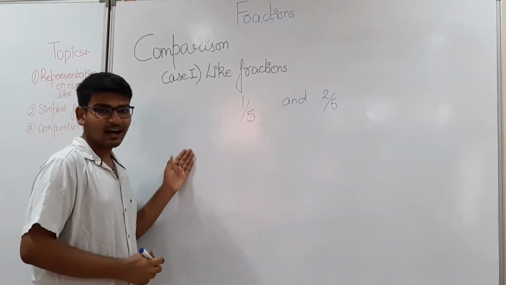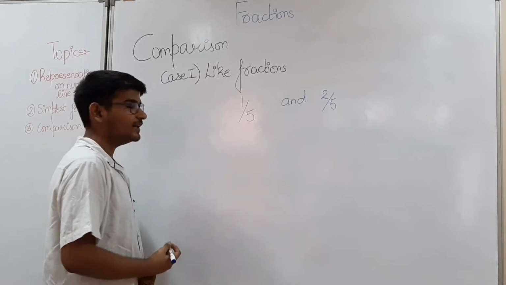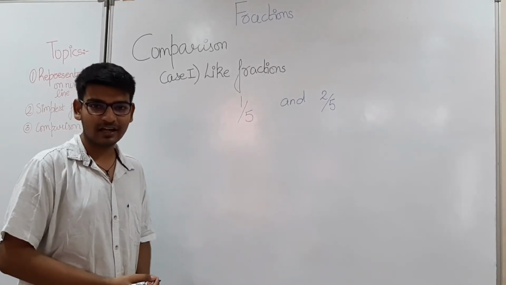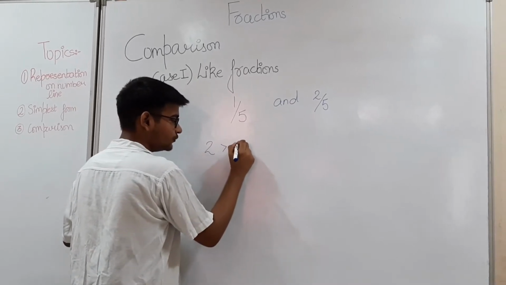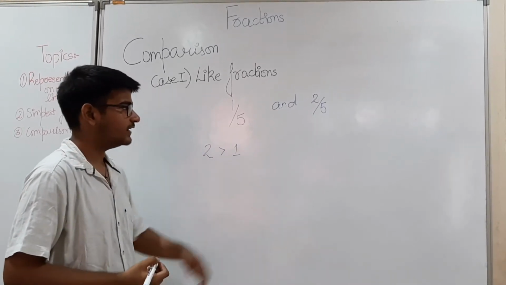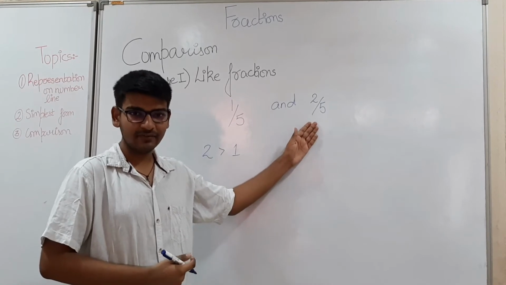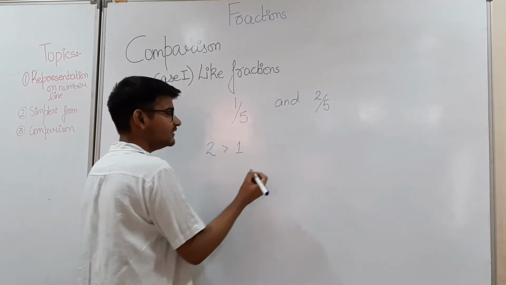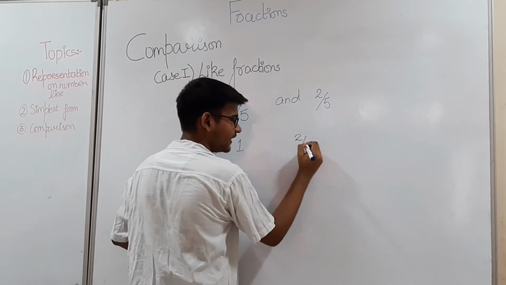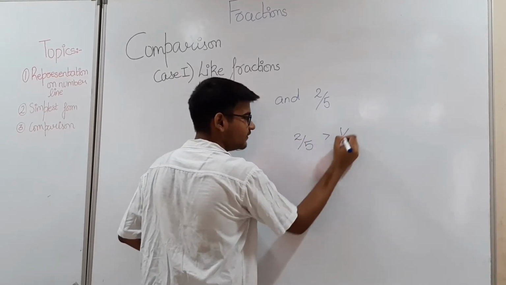So when we have like fractions, we simply compare the numerators of the two fractions. Since in this example 2 is greater than 1, that is the numerator of 2 by 5 is greater than the numerator of 1 by 5, we say that 2 by 5 is greater than 1 by 5.